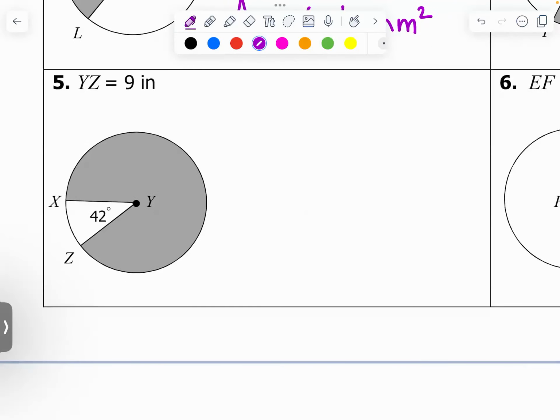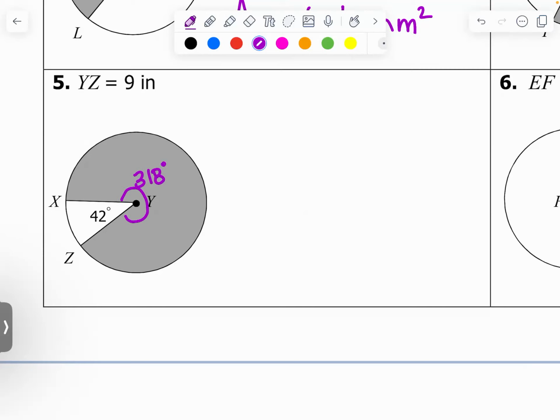Number 5, I'm asking for the shaded sector area. What is our central angle? I was looking for the measure of it. 380. 338.